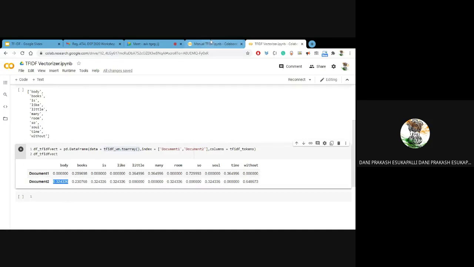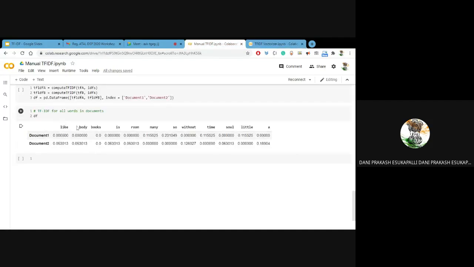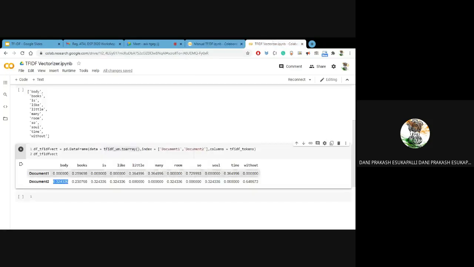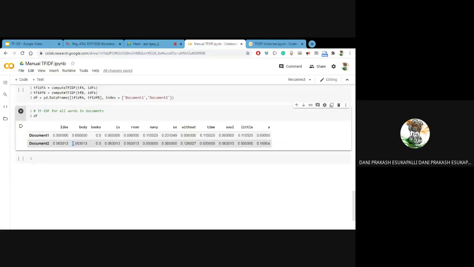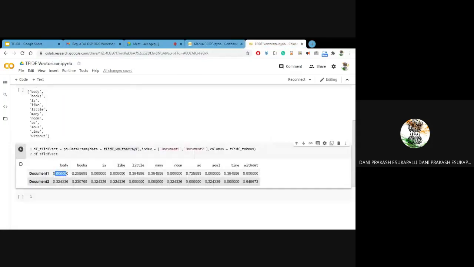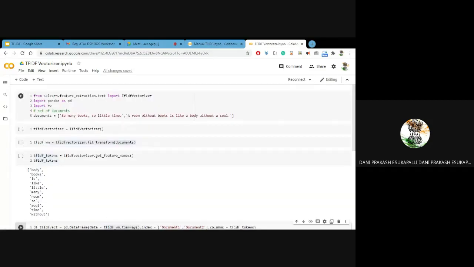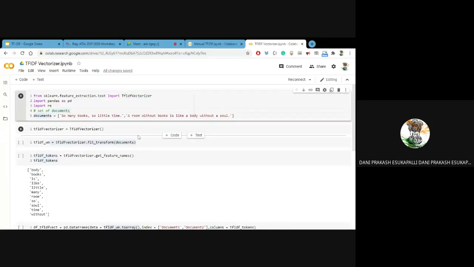We had 0.00 for body in document 1 here, and the same thing here, but in document 2 we had 0.06 and here it is 0.32. So this is a more optimized version.